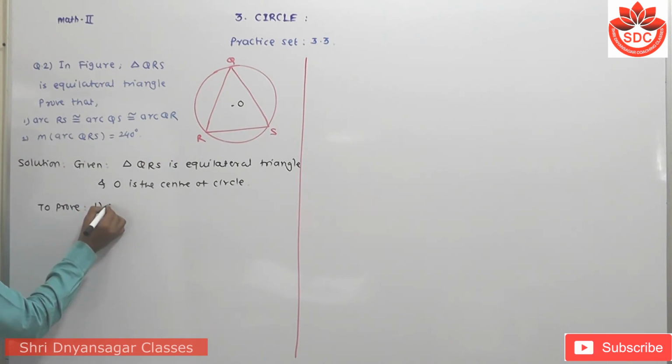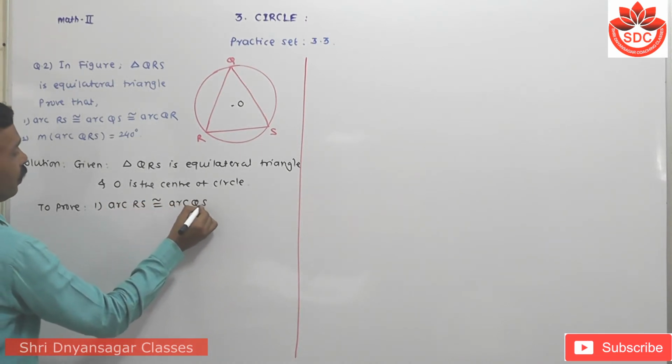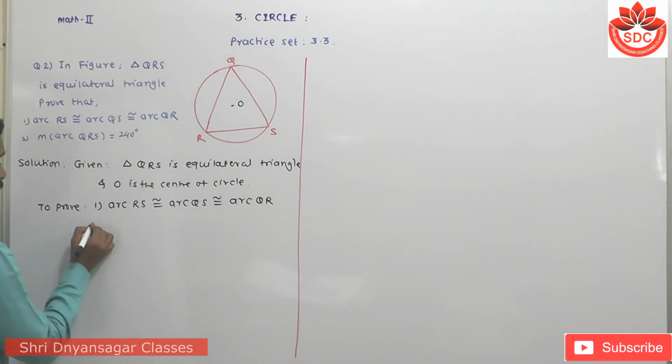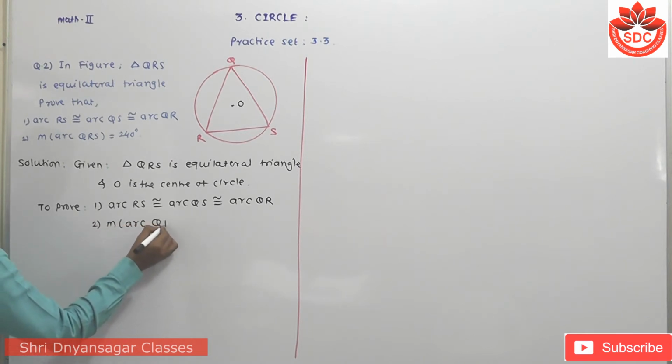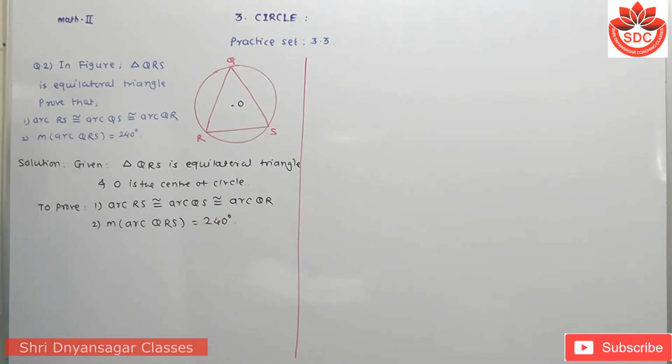First one is arc RS is congruent with arc QS is congruent with arc QR, and second one is measure of arc QRS is equal to how many degrees? 240 degrees.